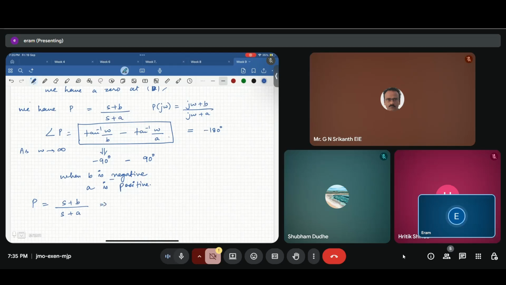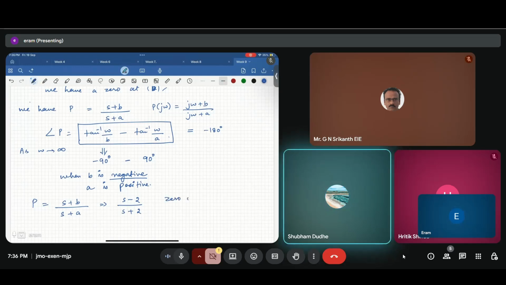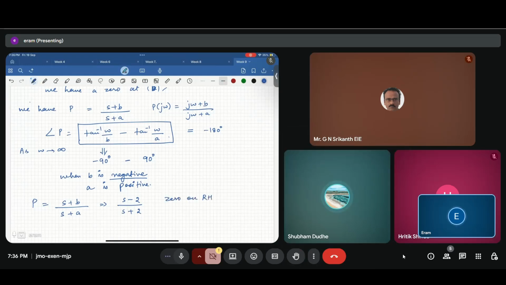We have b as negative, so b is some negative value. Let's say b is minus 2 and a is positive but same magnitude, so a is plus 2. So the zero is on the RHP and the pole is on the LHP.